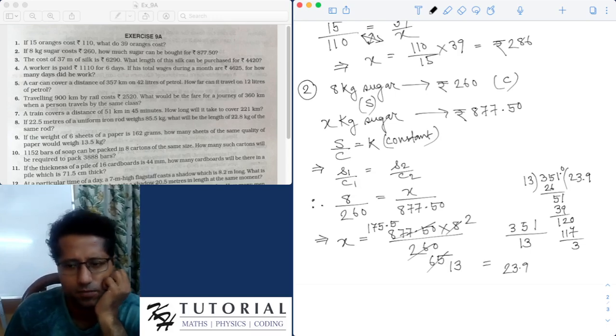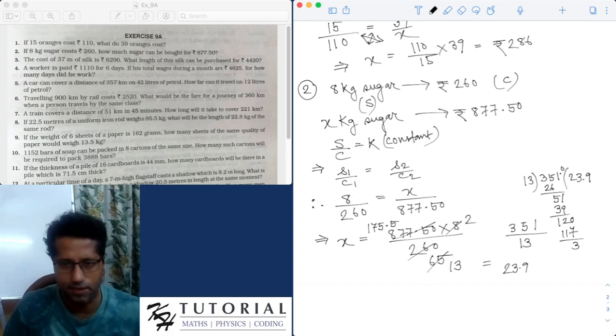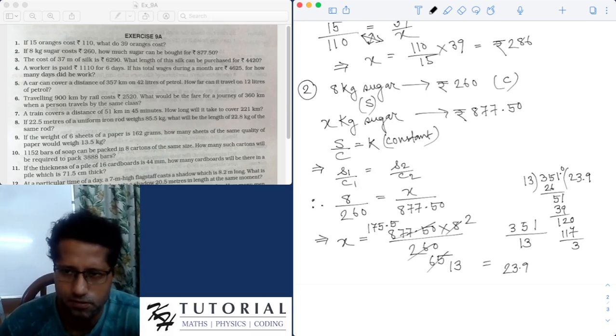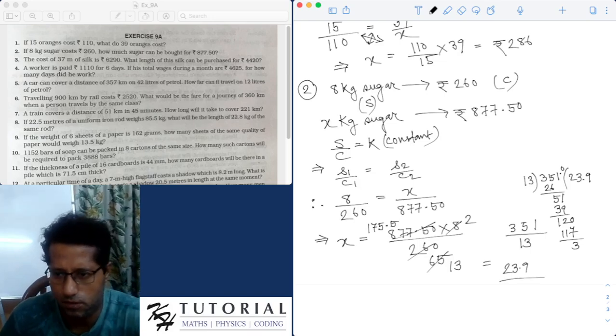So x is 23.9, and what is x? X we have assumed to be the amount of sugar in kg that can be bought for rupees 877.50. So this many kg of sugar can be bought.